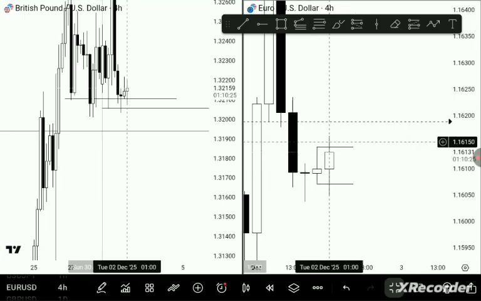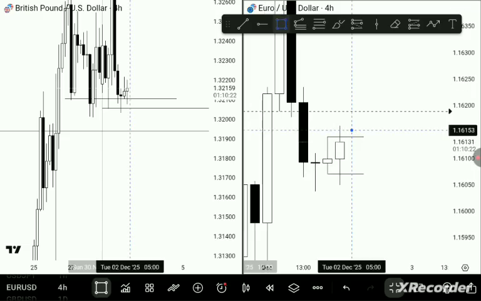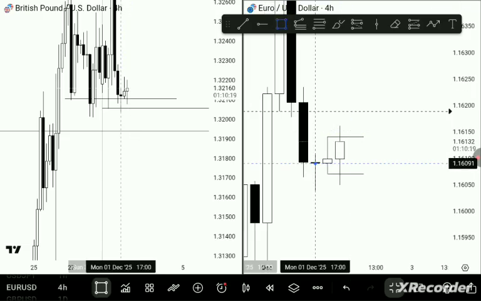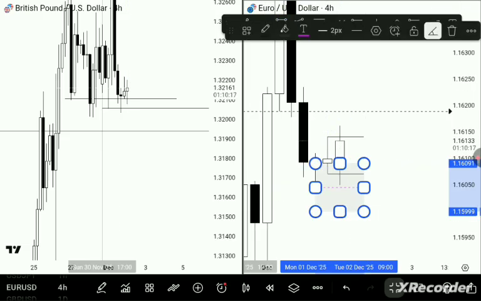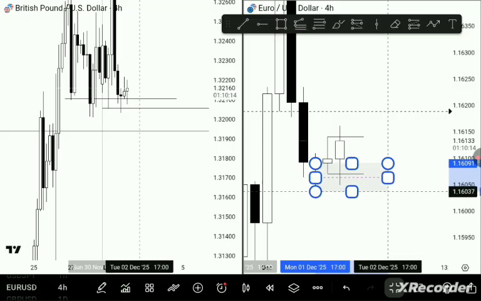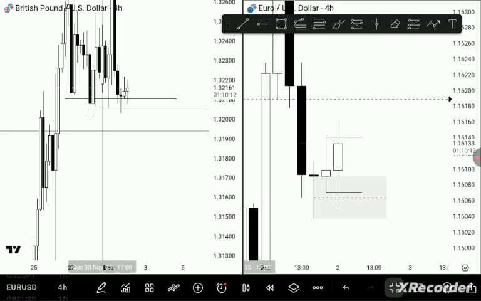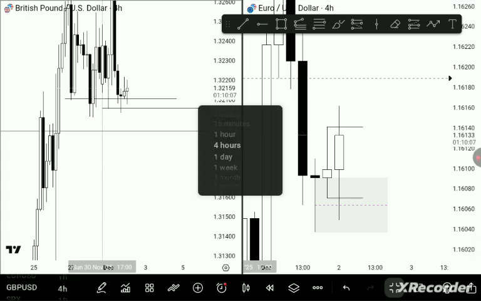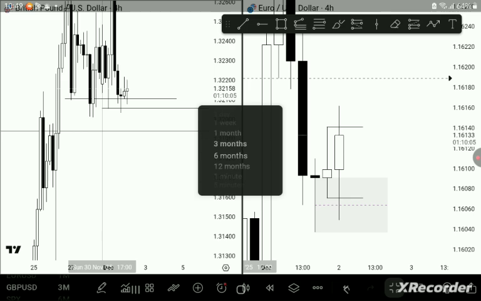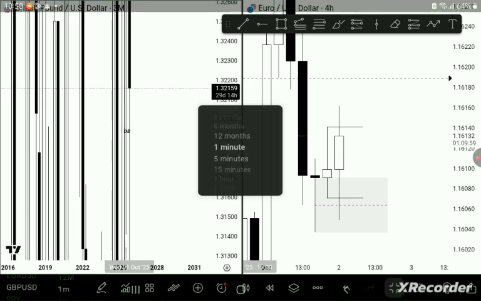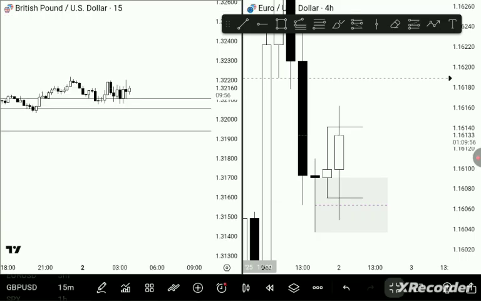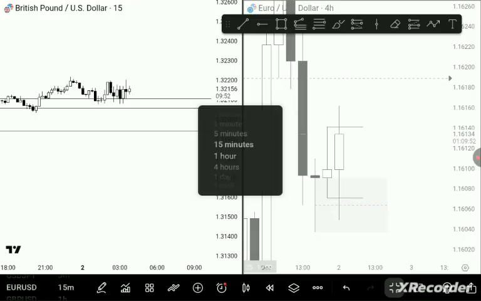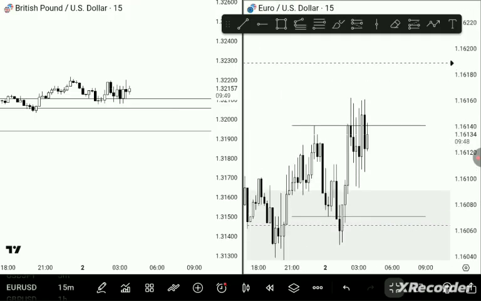And yeah, this is the trade that I got into. What was my key level? It was the rejection block. Entry was on the 15 minutes. There was potential to get something more precise, but the 15 minutes gave a standard entry.